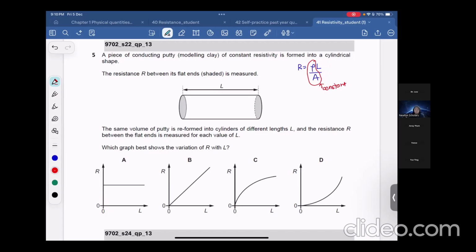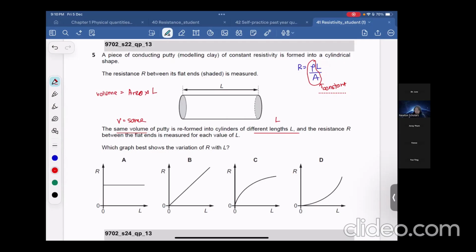But the problem is, in this question, they say the volume is the same. Okay, but then they go to different length. When volume is the same, volume is actually the area times the length. Am I right?